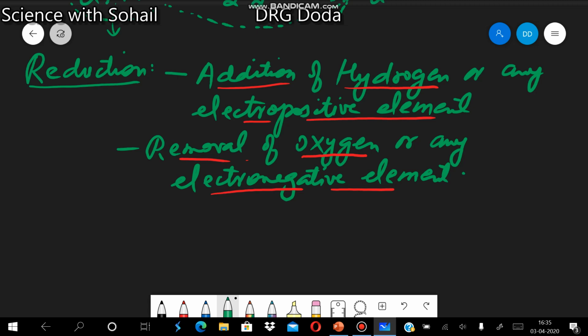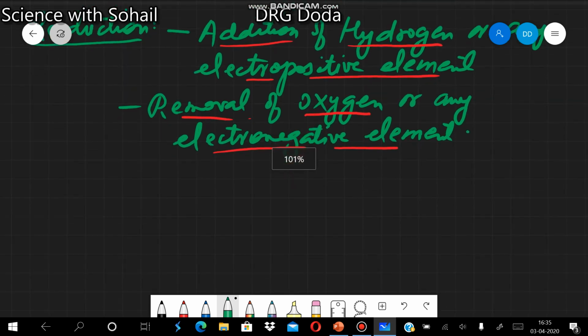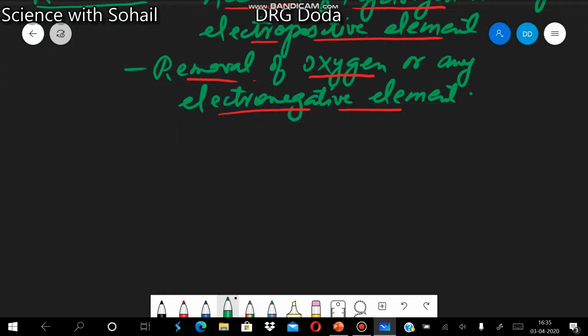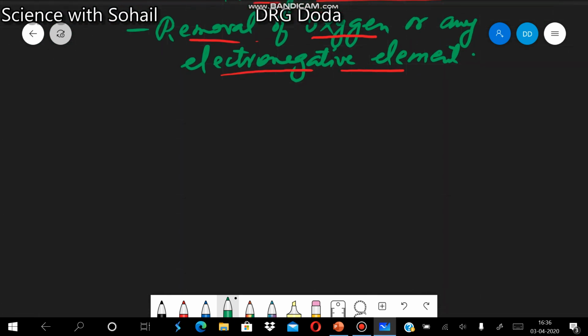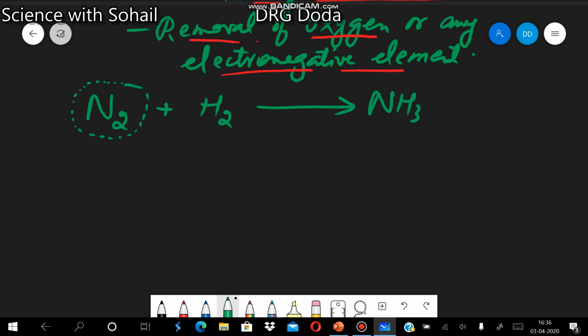Now we will see some examples for the reduction processes. Nitrogen plus hydrogen gives ammonia. Here we can see that nitrogen undergoes addition of hydrogen. So we can say that nitrogen undergoes reduction.